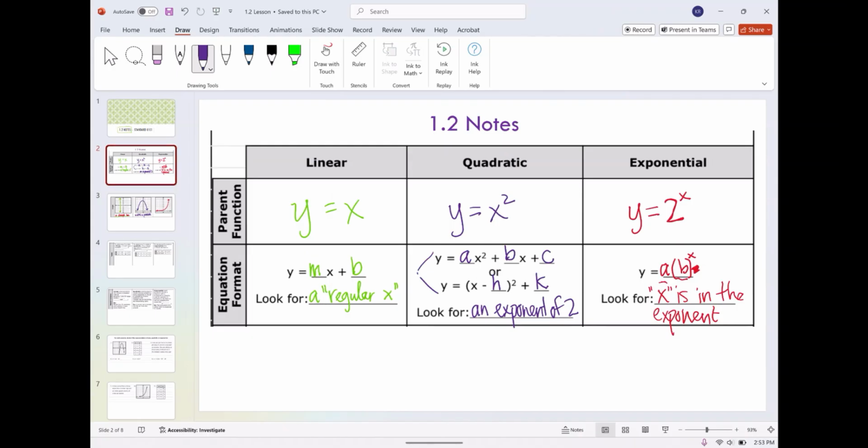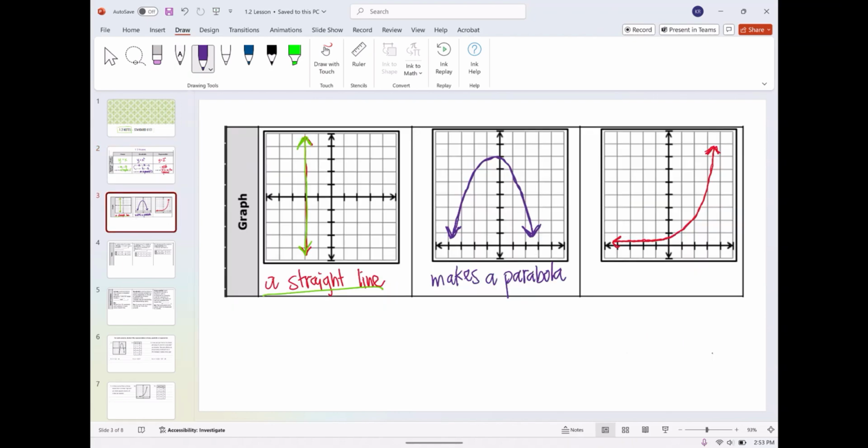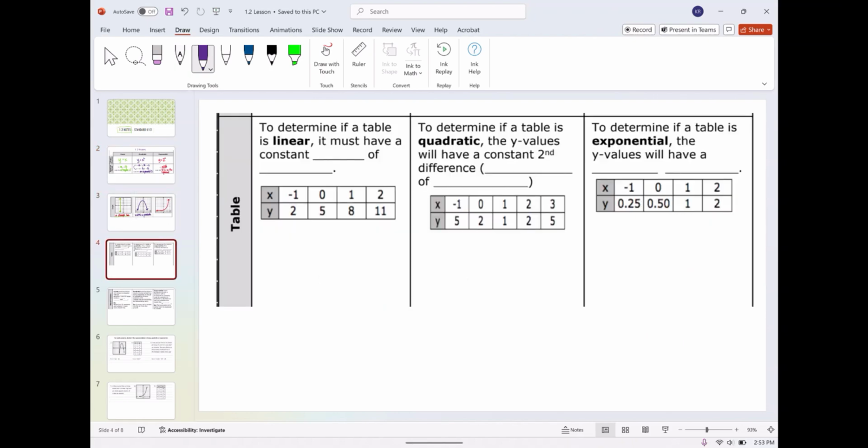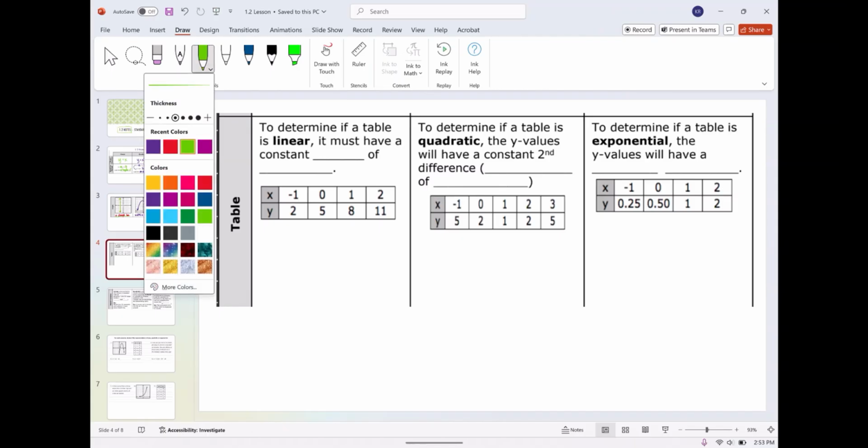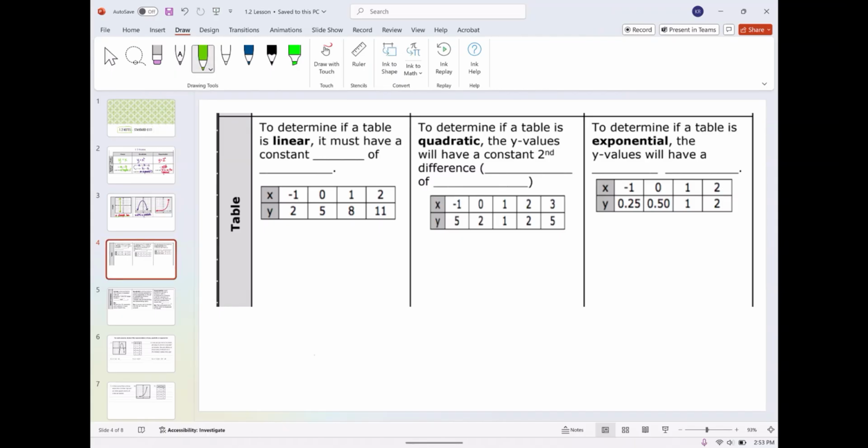Okay, so we've talked about the different equation forms that we may see it in. We've talked about what the graphs look like. Now we're going to look at the tables, all right? So if you see a problem with a table for linear, to determine if a table is linear, it must have a constant rate of change, or slope.